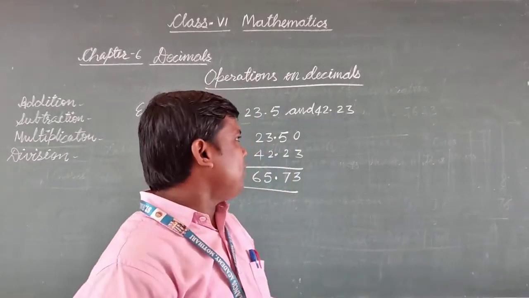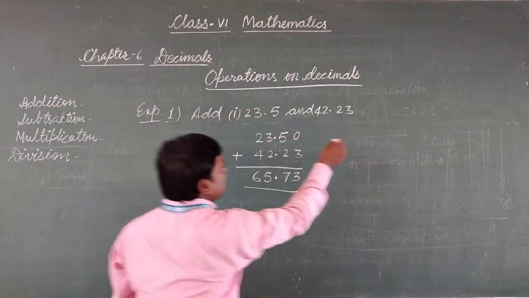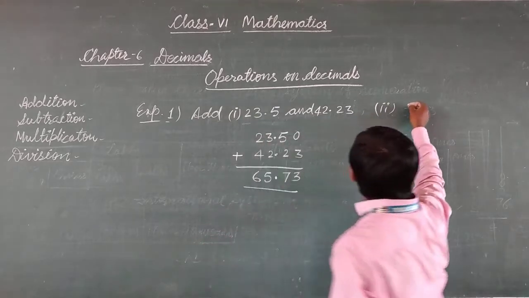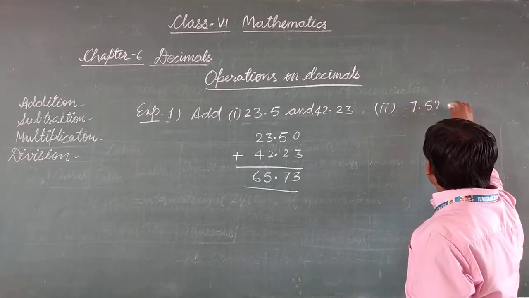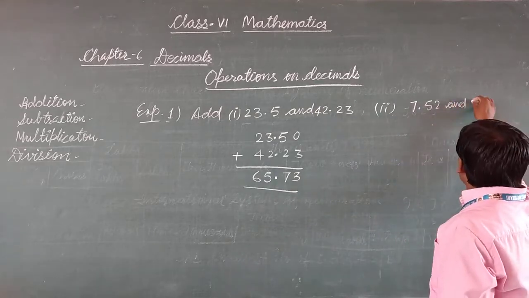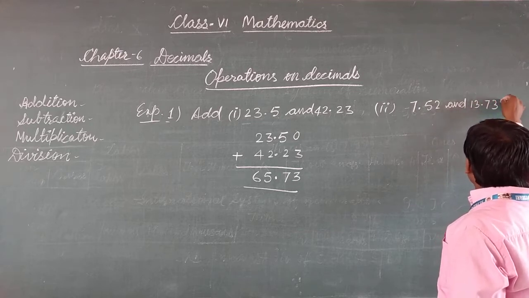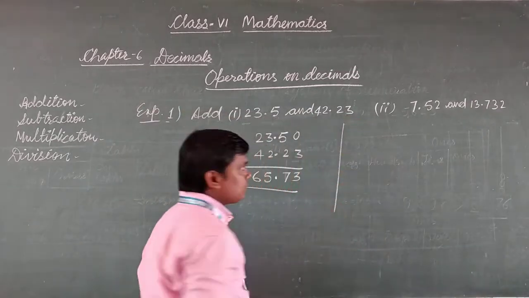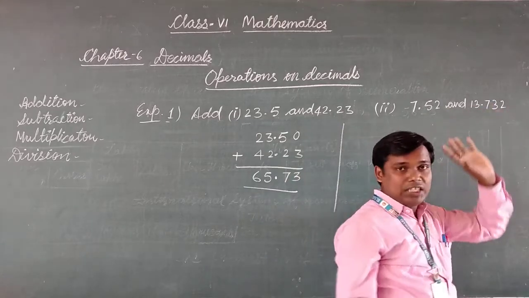Let us see one more example. Add 7.52 and 30.732. In this case, you are seeing two numbers, 7.52 and 30.732.